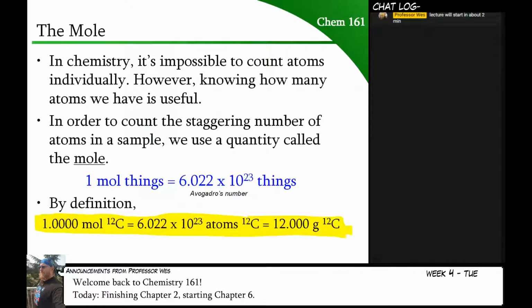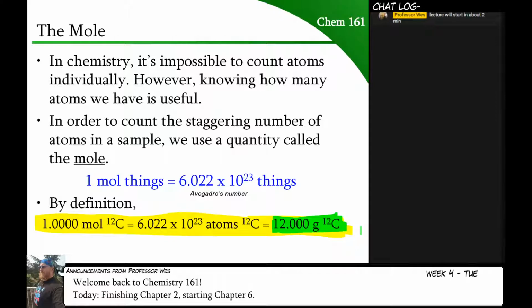Now, if you want to use a different element, instead of carbon, you just need to substitute out this number here for whatever the mass of the isotope is that you're looking at.